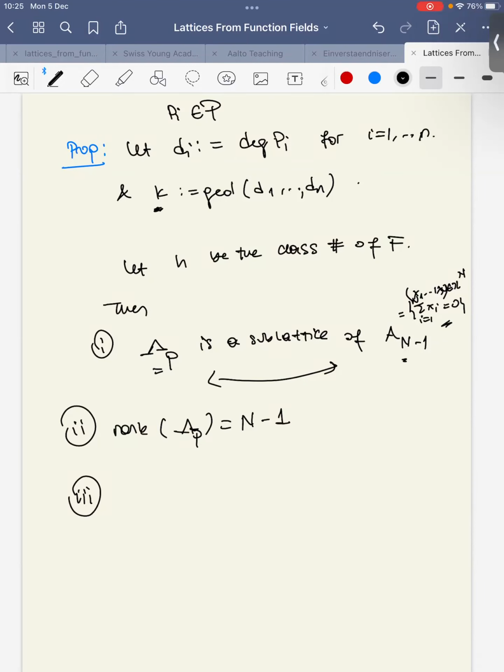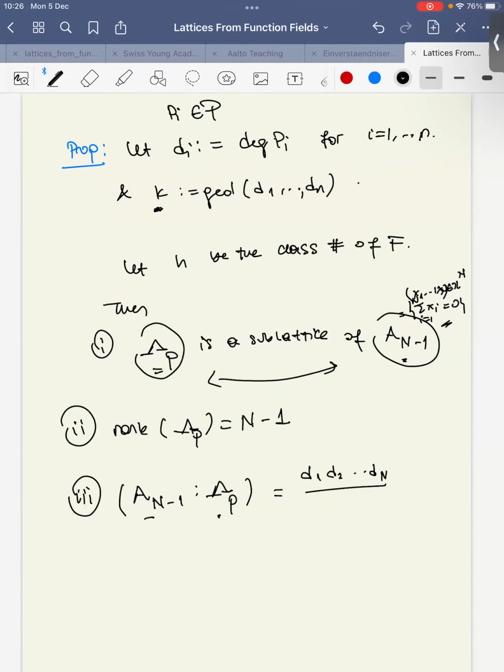In the third property, if we treat them as additive groups, then the index of the function field lattice in the hyperplane lattice is given by the product of the degrees of the places we consider over their greatest common divisor, times h_0, where h_0 is a positive integer that divides the class number.